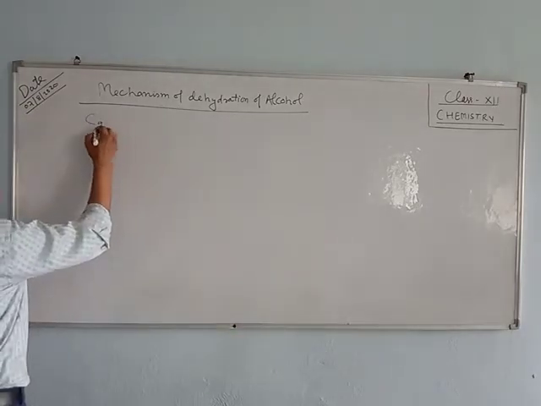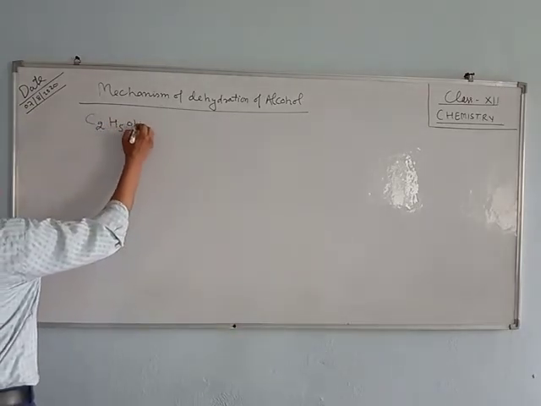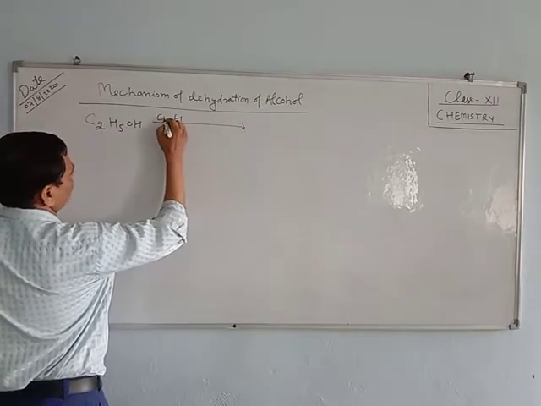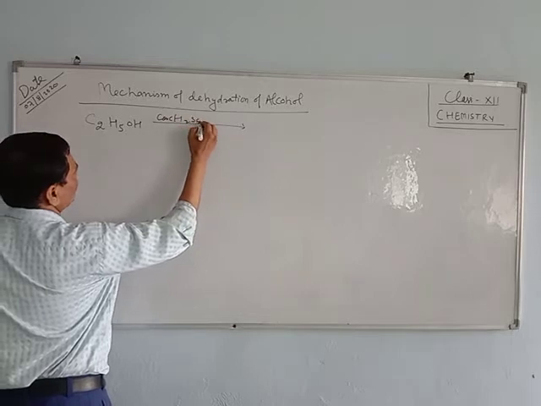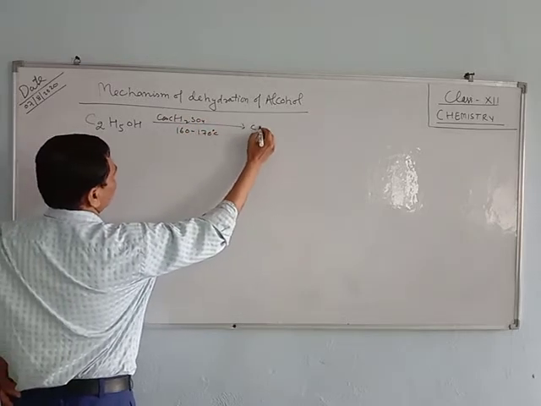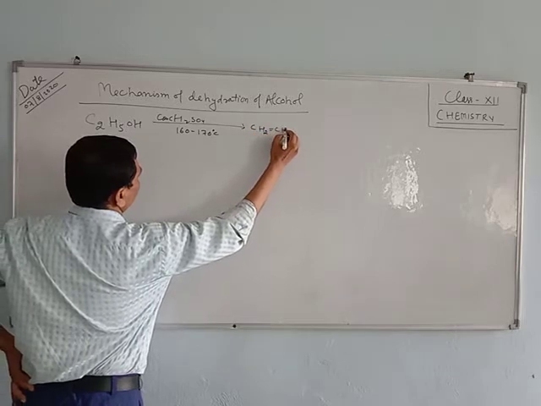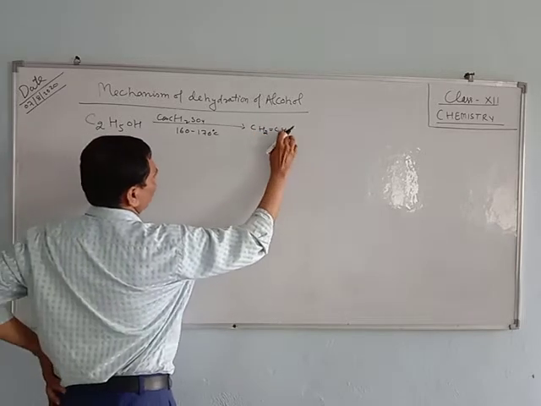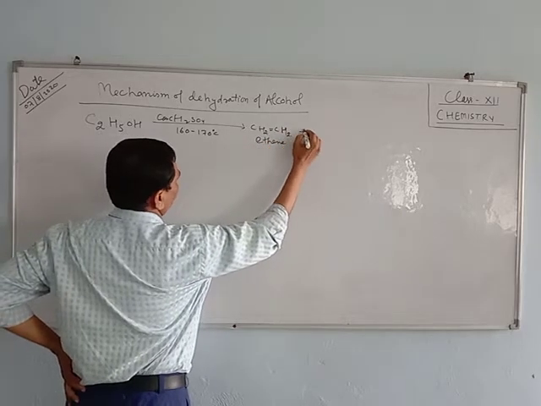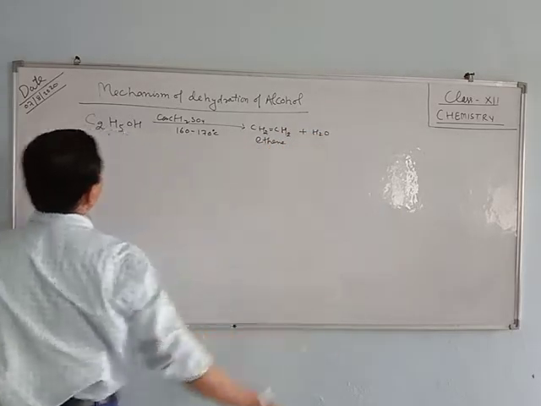The equation is C2H5OH, when the reaction takes place in the presence of concentrated sulfuric acid at 160 to 170 degrees Celsius, we get ethene, C2H4. This is ethene, and a water molecule is obtained.